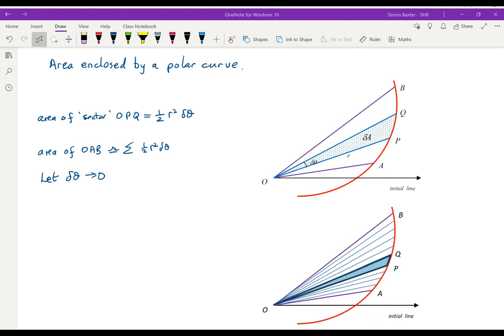So as delta theta tends to 0, the area of OAB becomes the integral, same way as before, half r squared d theta. From some initial value, whatever the value of theta is at A, to whatever the value of theta is at B. And this is how we're going to work out now the area enclosed by a polar curve.